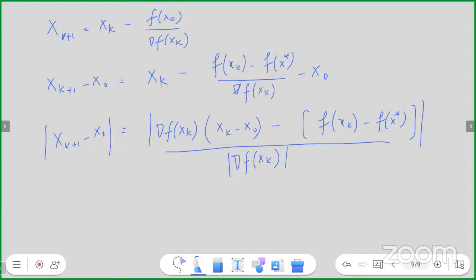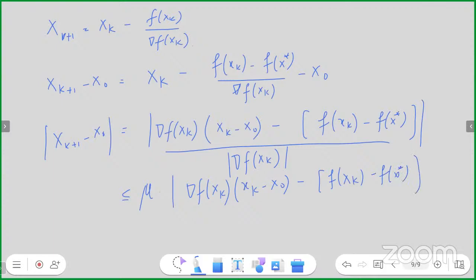Get rid of the denominator essentially and put a mu times this. Okay, how do I make further progress? Remember, I want to prove convergence.